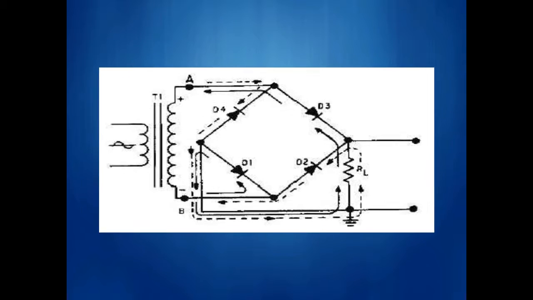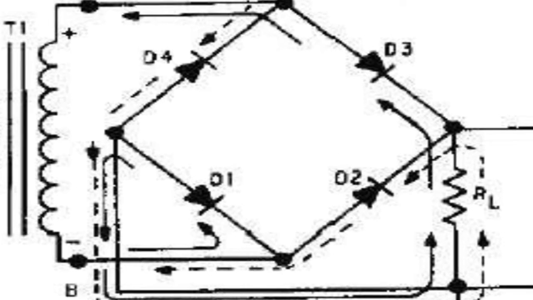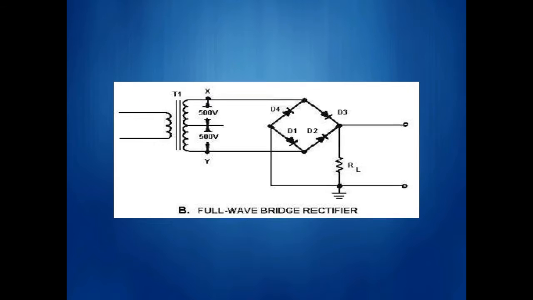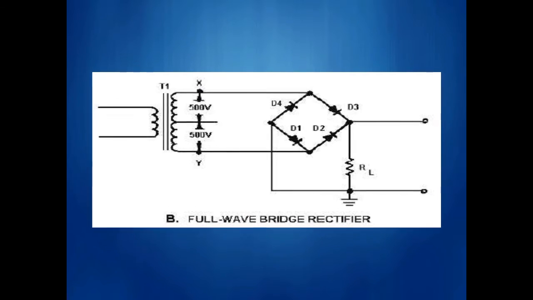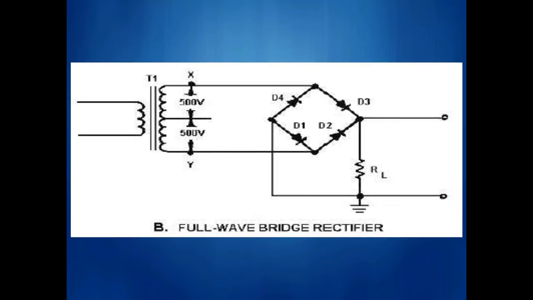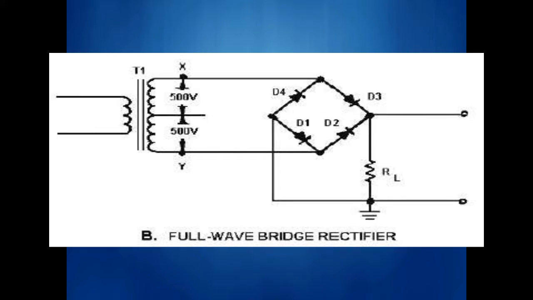Next, after the transformer, comes the rectifier. As I said, a rectifier is a device which converts sinusoidal AC voltage into either positive or negative pulsating DC. A PN junction diode, which conducts when forward biased and practically does not conduct when reverse biased, can be used for rectification.